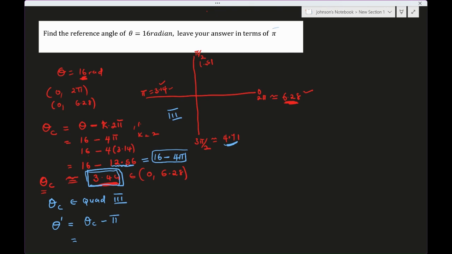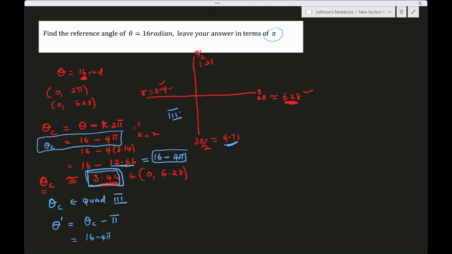We're leaving it in pi because the question says we should leave our answer in terms of pi. So this is simply 16 minus 4 pi, which is our coterminal. We just wrote it in terms of pi so that we can locate the quadrant easily.